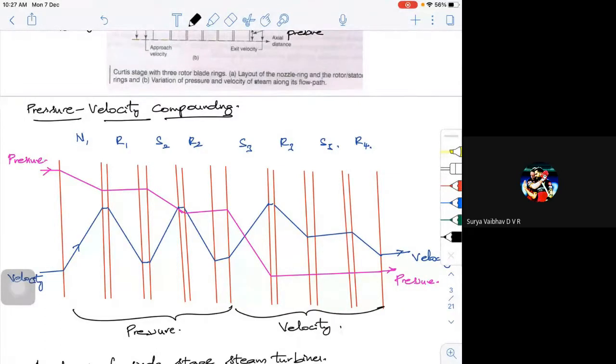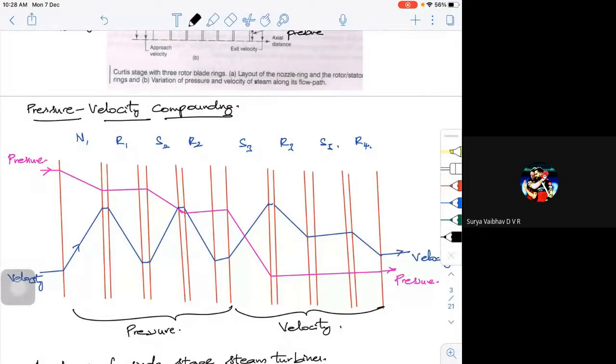Look at it, the pink I'm trying to show. It enters at some pressure. In the nozzle, there is a drop in the pressure. There is a corresponding increase in the velocity. Then in the rotor, the pressure almost remains constant. There is a drop in the velocity, that is, there is an absorption of kinetic energy. Then once again, there is an expansion of the steam in the nozzle.